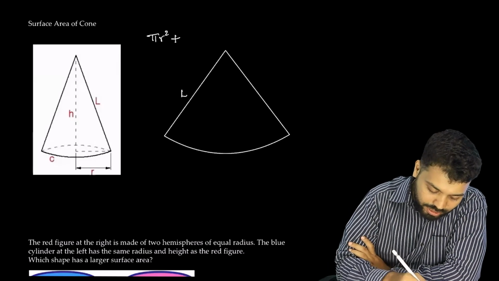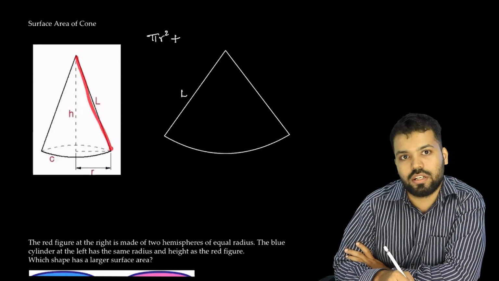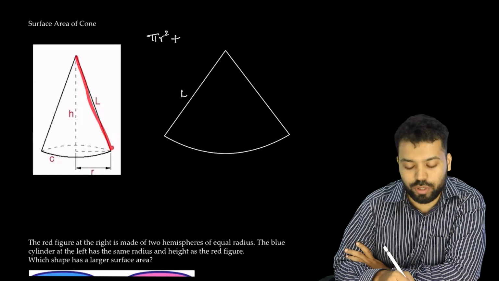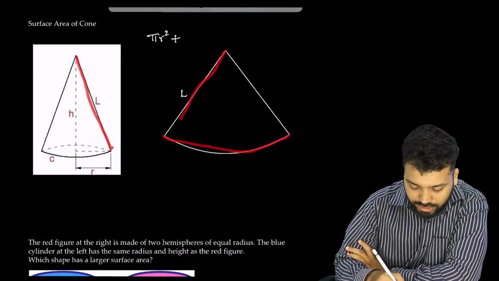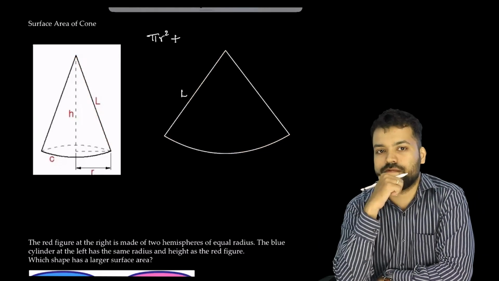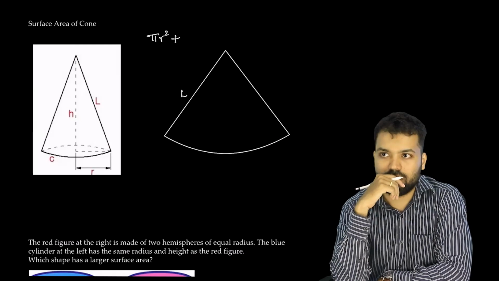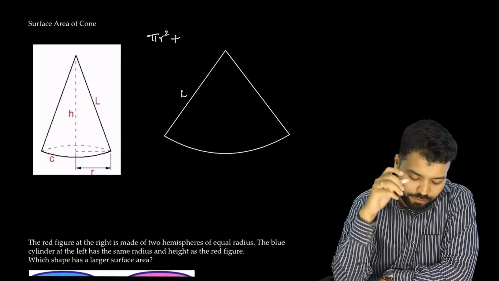So what we have done is we have taken this and opened it, correct? When you open this, you get this sector and this is the radius of it. Now, what else do we know? Length of the arc is 2 pi r. Why is that?